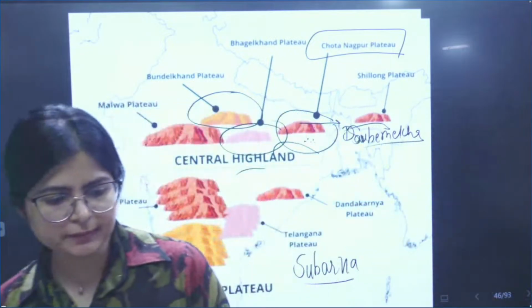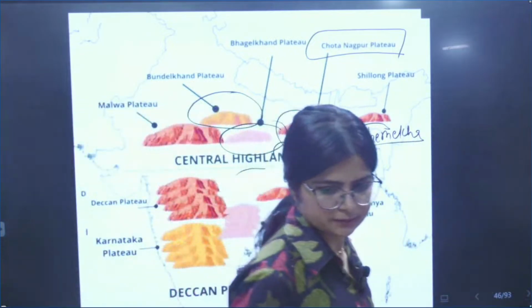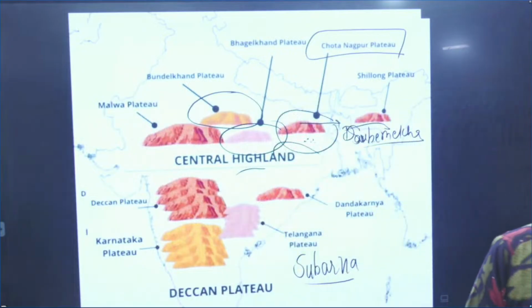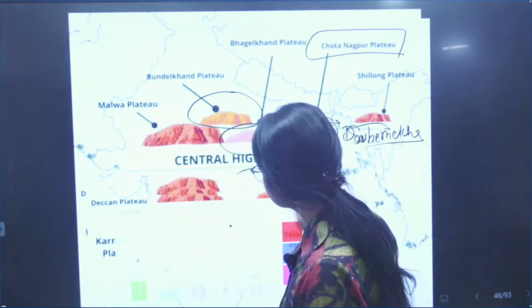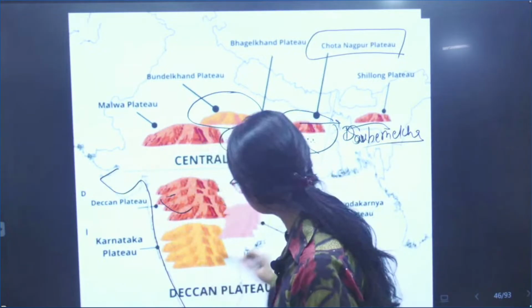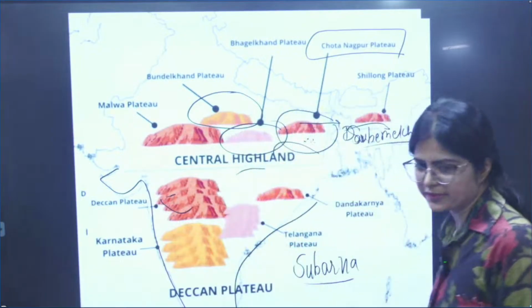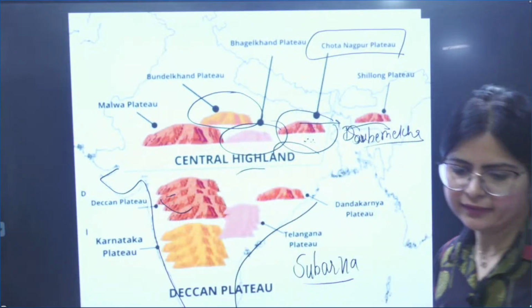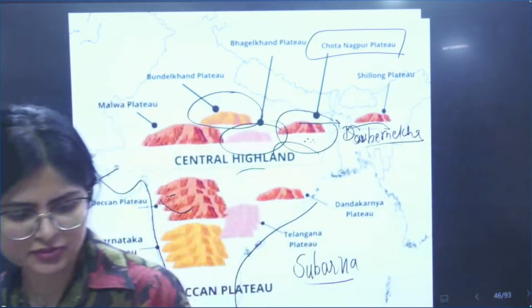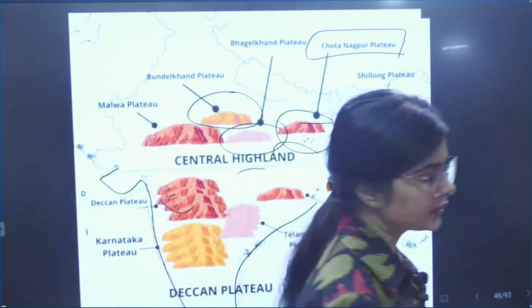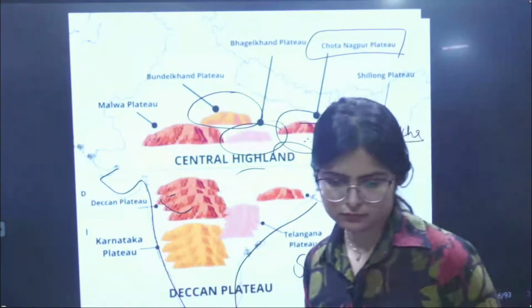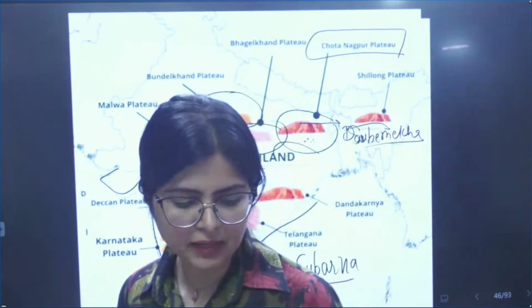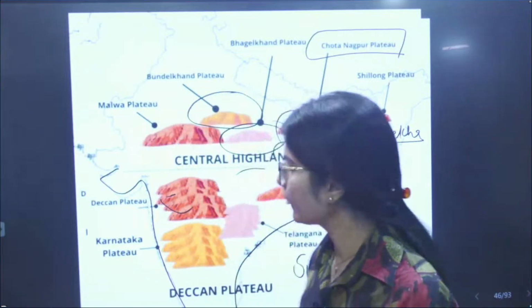It is bordered by the Western Ghats in the west, and the Eastern Ghats in the east. This is your Western Ghats, and this is your Eastern Ghats. And the Satpura, Maikal range, and Mahadeo range in the north.